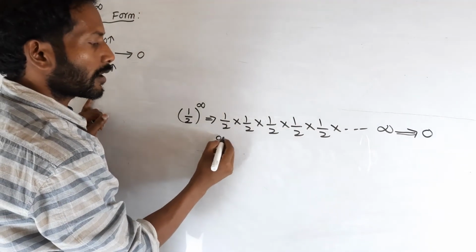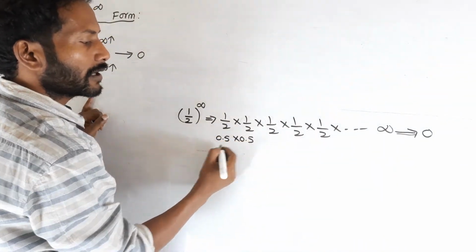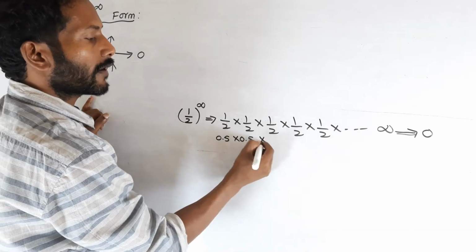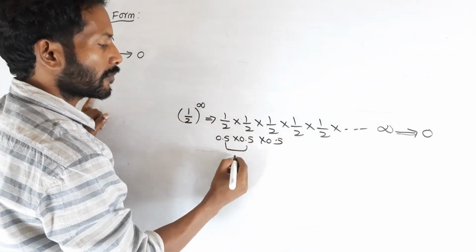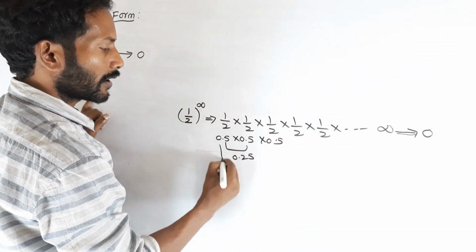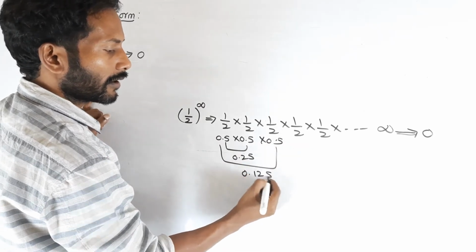1 by 2 is 0.5. 0.5 into 0.5 is 0.25. 0.25 into 0.5 is 0.125.